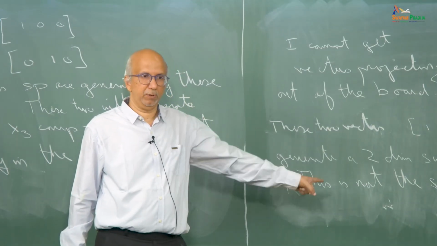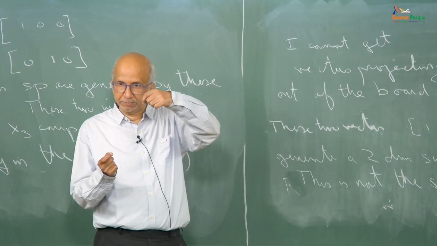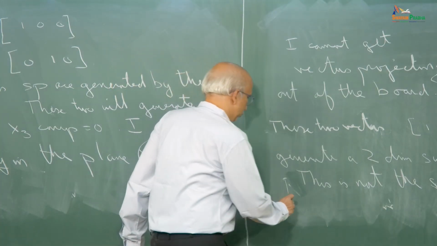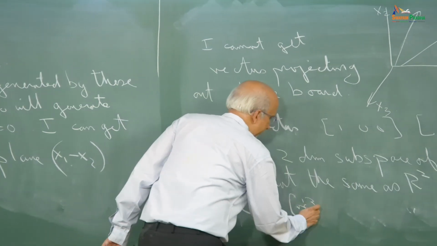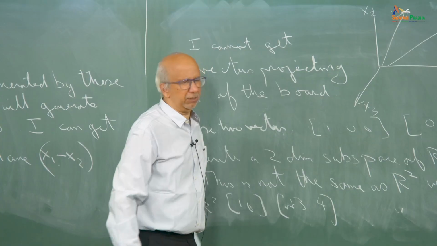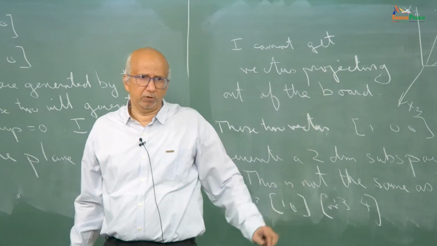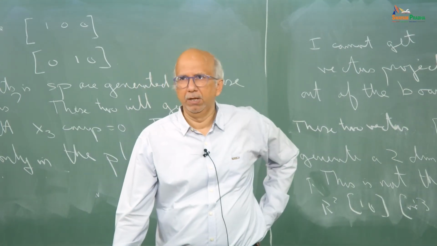Why? What is the difference? Because in R2 I have only 2 coordinates, okay. In R2 I will have only 2 coordinates like 1 0 or 3 4, whatever it is, but here I have 3 coordinates, okay.